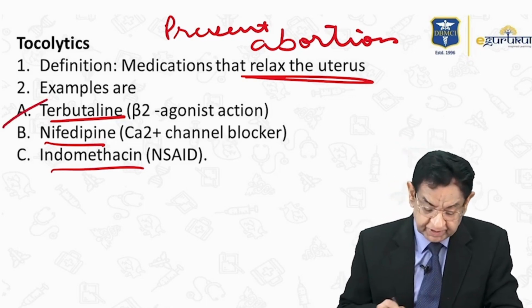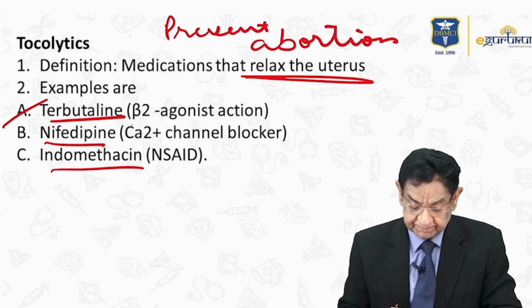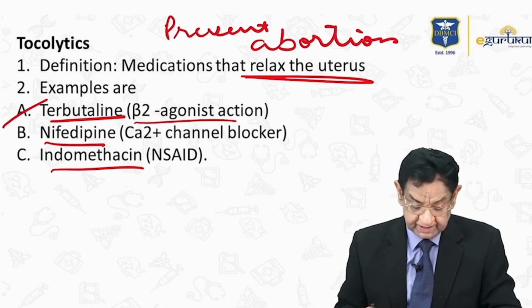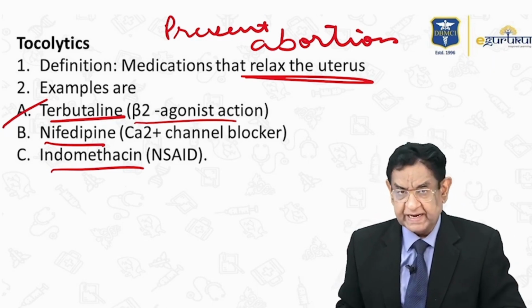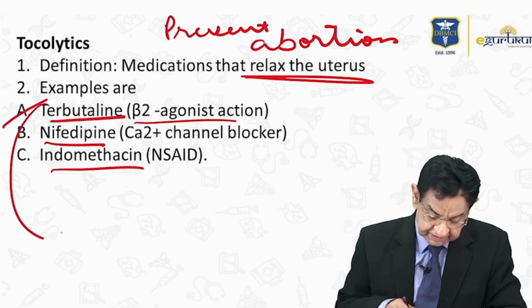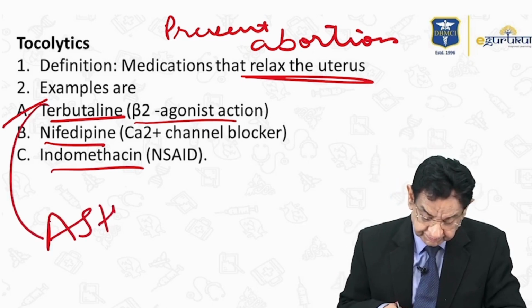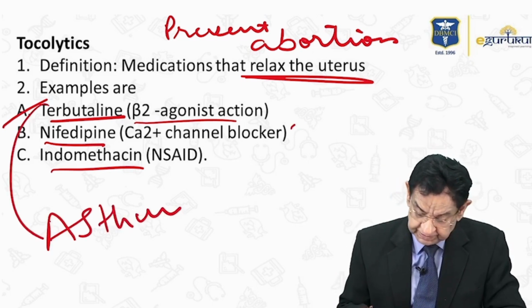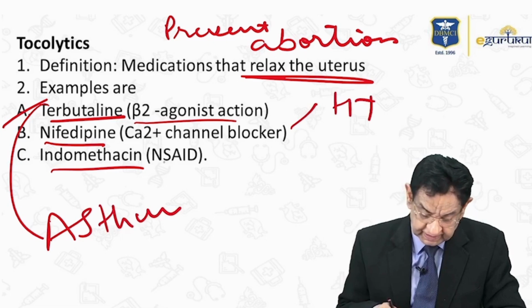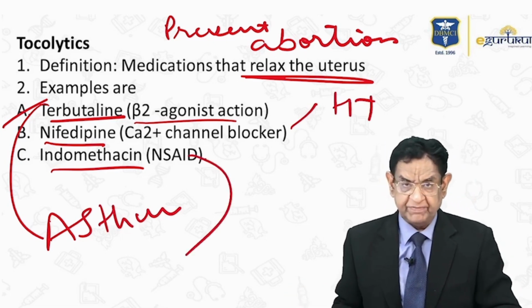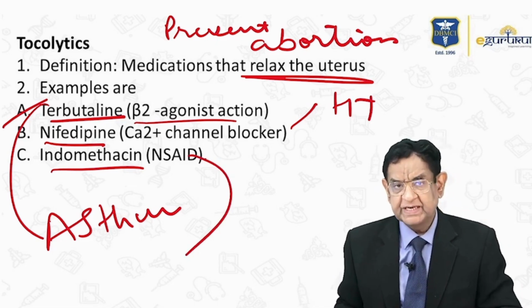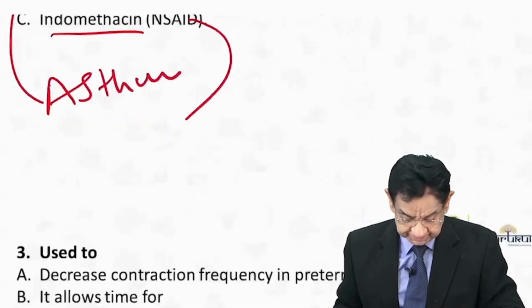Terbutaline we use in asthma because it's a beta-2 agonist. Nifedipine is a calcium channel blocker, everybody knows that is an anti-hypertensive drug. This one for asthma, this for hypertension, and this is an NSAID, non-steroidal anti-inflammatory drug, for various inflammatory conditions.